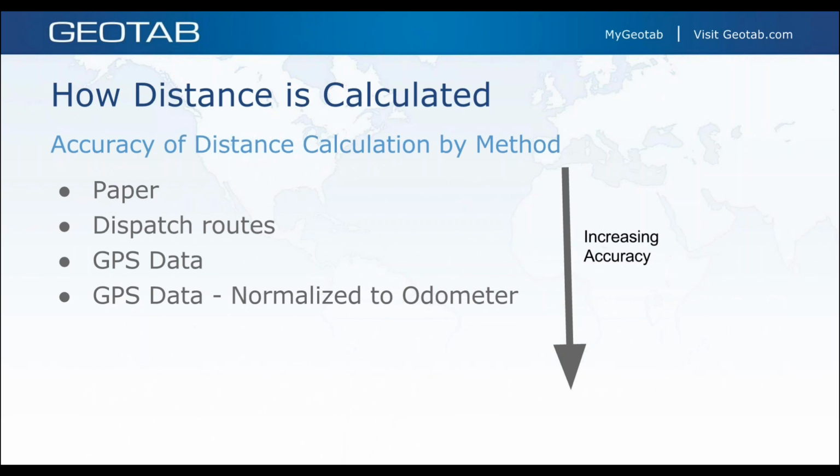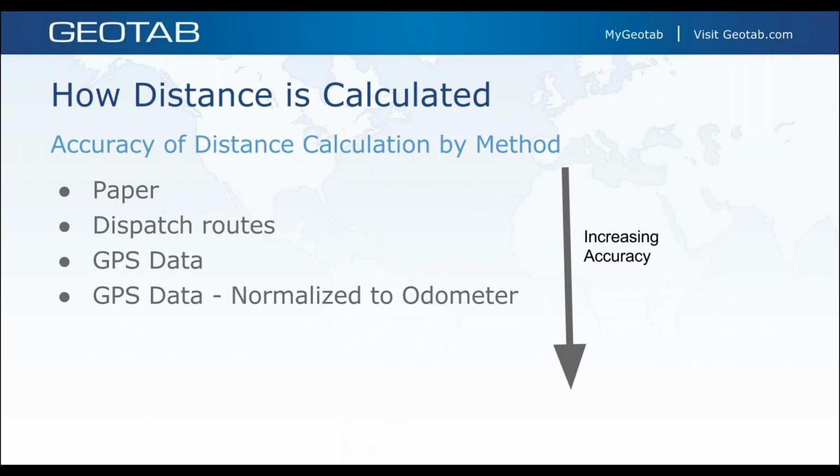GPS data, obviously, you get from the satellites and triangulation. Now, the manner in which the GPS data itself is used could affect the accuracy. If a provider only does time-based sampling, it will basically straighten out the route that the driver is taking and make the route seem shorter than it actually was, because it avoids curves, as it's only taking straight-line distance between data points at a time sequence.